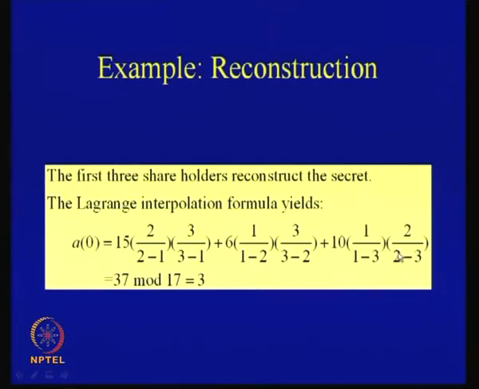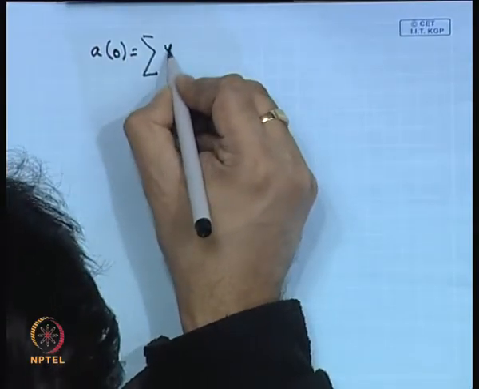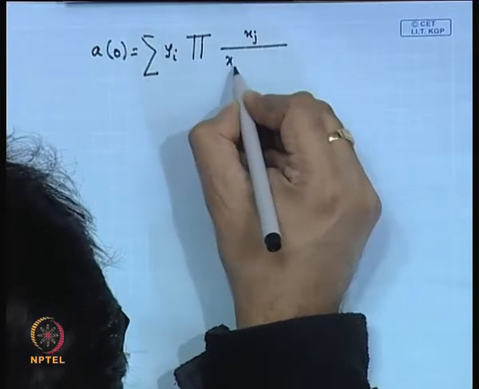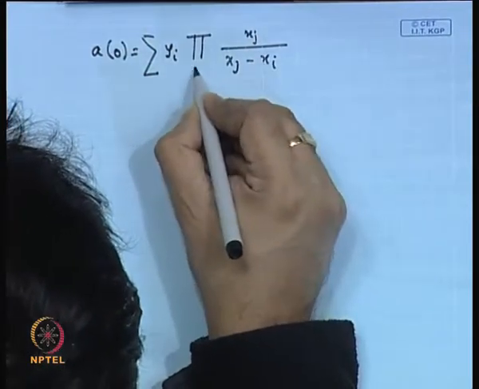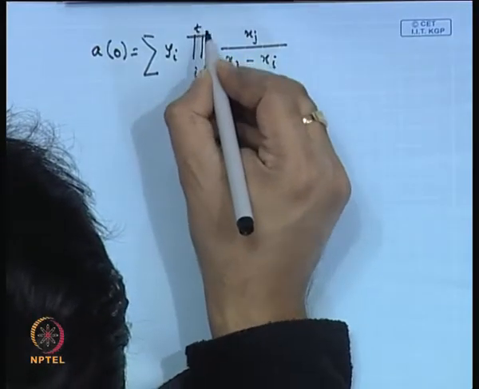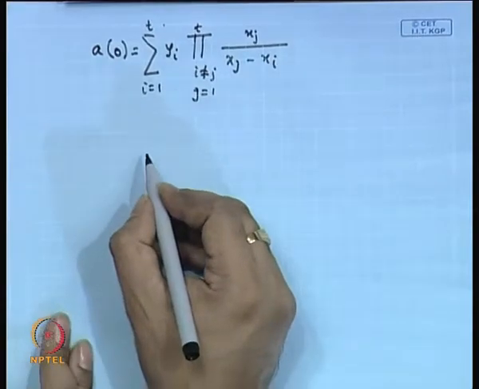You see that this is given by this, that is, for the general case this was the polynomial: the sum of yi times the product of xj divided by xj minus xi, with j not equal to i and j from 1 to t, and i from 1 to t. In our case t is equal to 3.